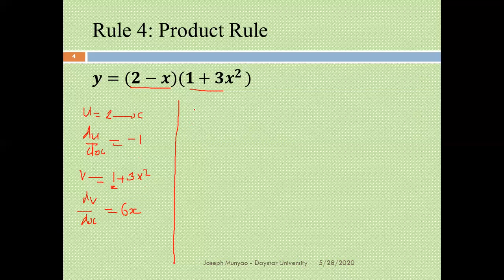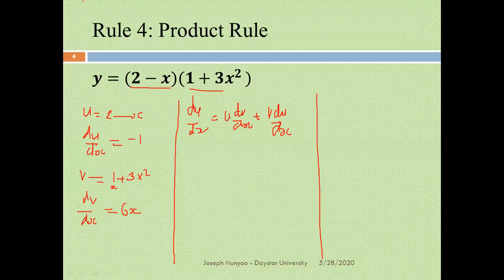So I apply the formula now. dy dx, the formula says it is u dv dx, then v du dx. So when you replace here, you get u.